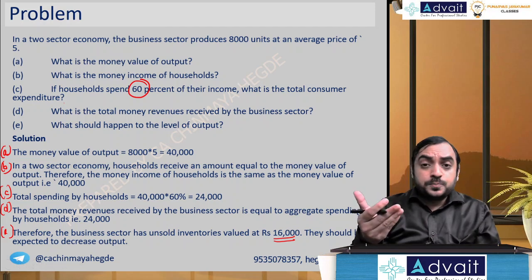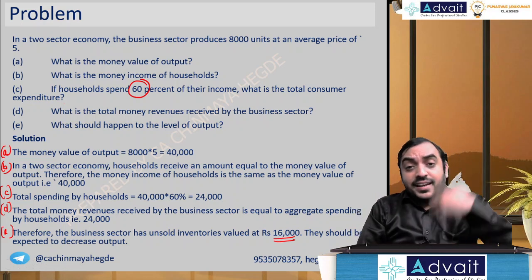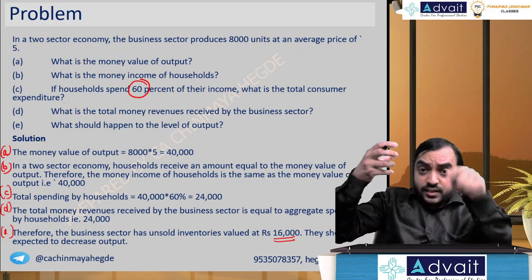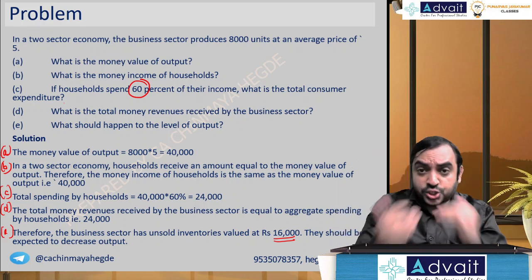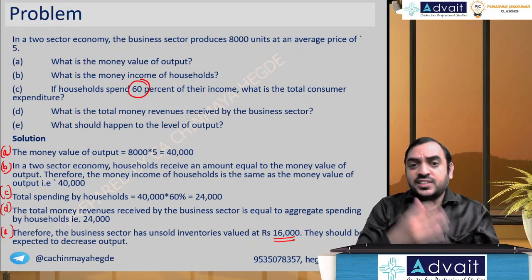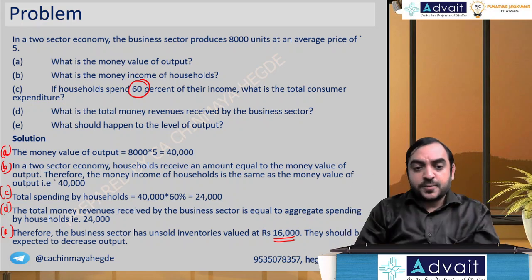So what should they do? Because this time they could not sell, next time supply was there, demand is not there, next time they should reduce the output. These are all a chain of events, one after another.